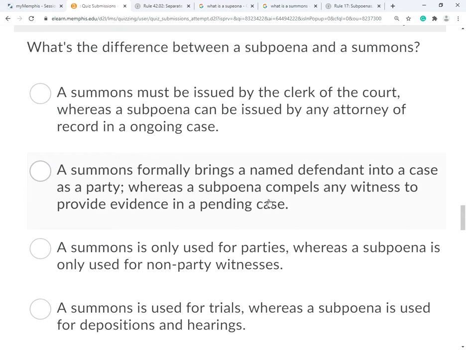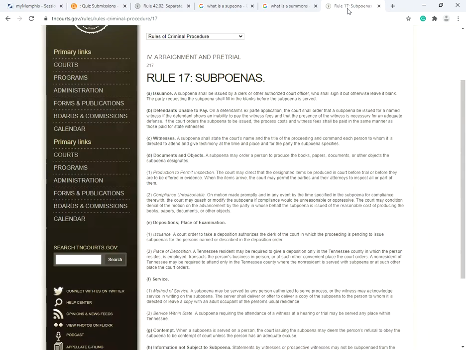A summons formally brings a named defendant into a case as a party, whereas a subpoena compels any witness to provide evidence in a pending case. This is actually the answer that I selected, and that was due to looking at Google and what Rule 17 says about subpoenas.